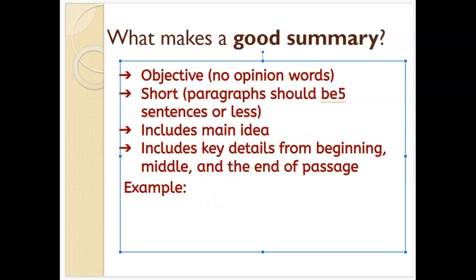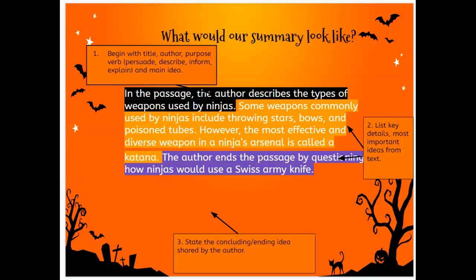Okay, so I have an example here. This is for a passage we read in Mrs. Strawn's class. And this is when you have a paragraph summary that we were asking them to write. You want to begin with the title, the author, and the purpose, and the main idea. So in the passage, the author describes the types of weapons used by ninjas.